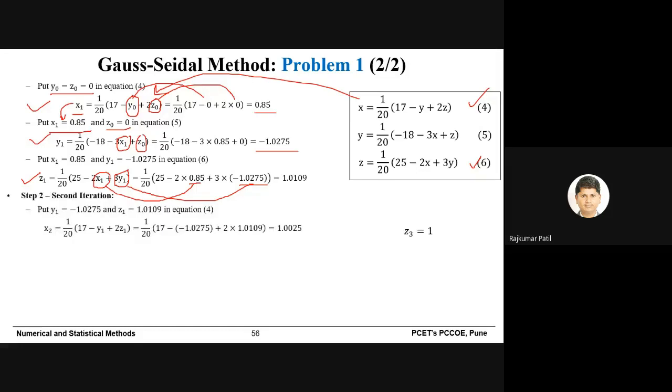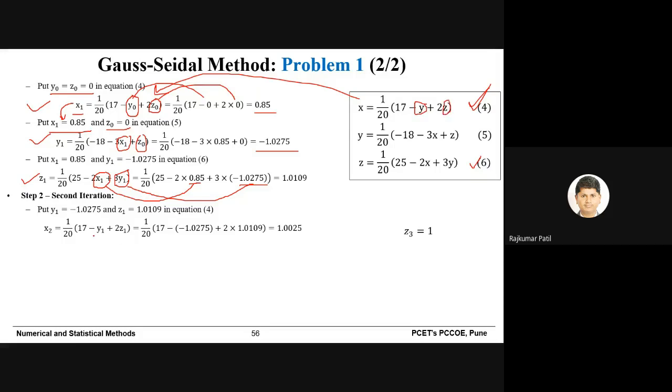Then we will go to the second iteration, in which we will calculate the values of x2, y2 and z2, and in that we will use the output of the first iteration, that is the values of x1, y1 and z1. So you can see in equation number 4, we will put y as y1 and z as z1.